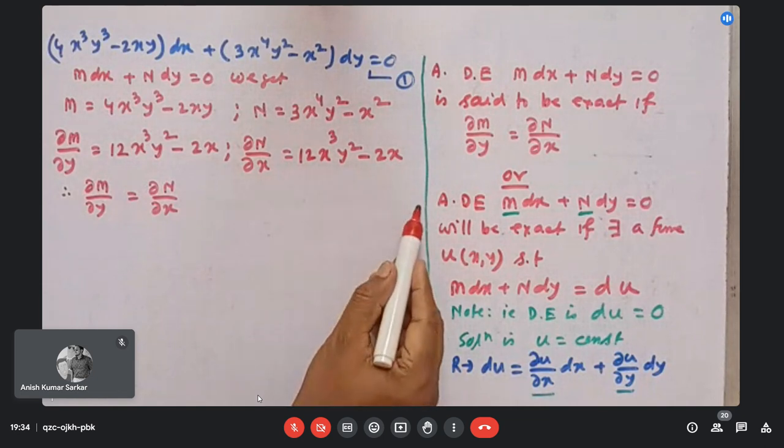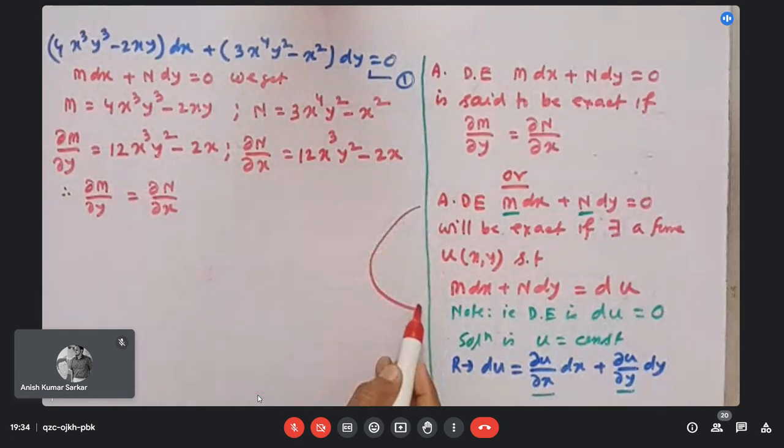So an exact differential equation means I can write the differential equation in this way.